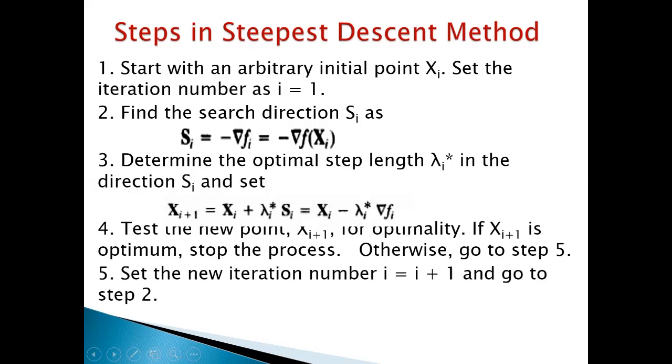Since we are using the descent method, we will replace this by xi minus lambda i star gradient of f at xi. We test the next point xi plus 1 for optimality, whether it is the optimal or minimum value or not. If xi is optimum, we stop the process. Otherwise, we go to step 5, set the new iteration i equal to i plus 1, and perform step 2 again. So this is how the steepest descent method works.